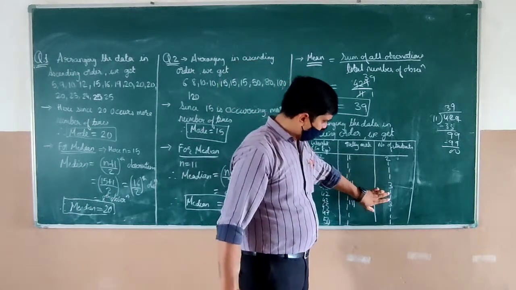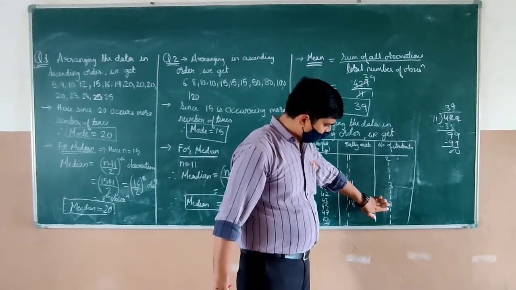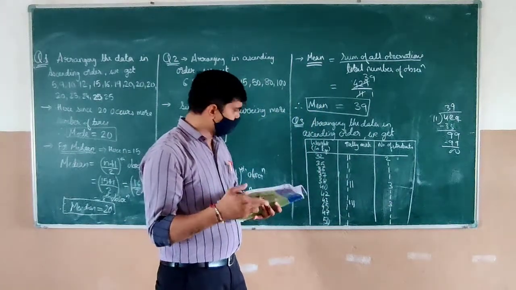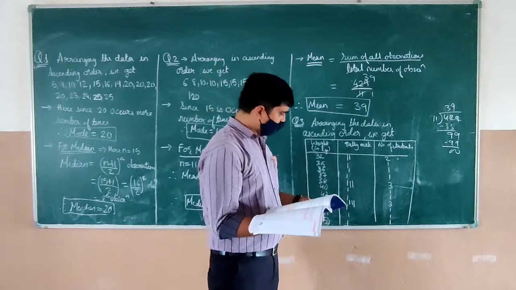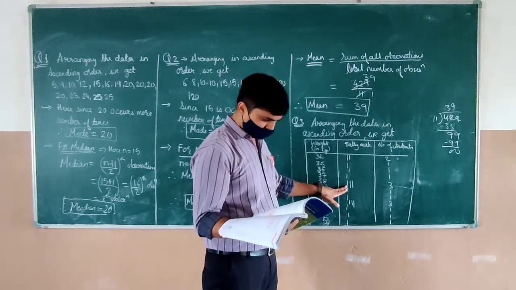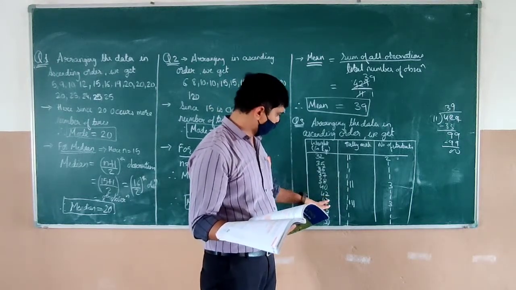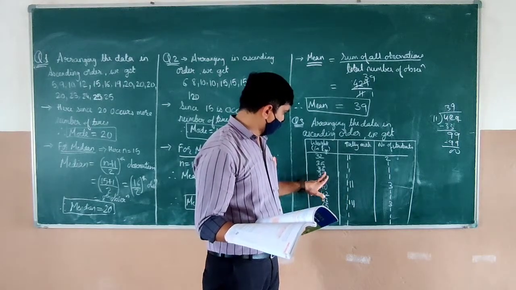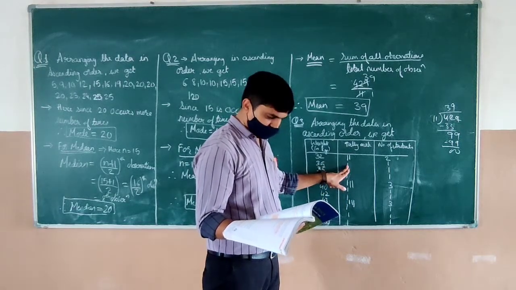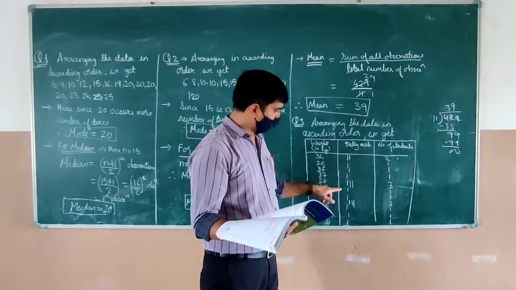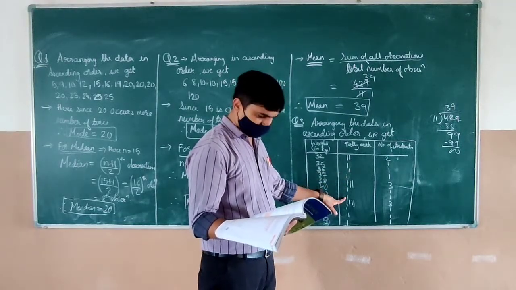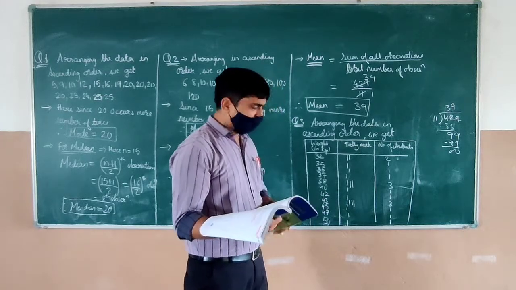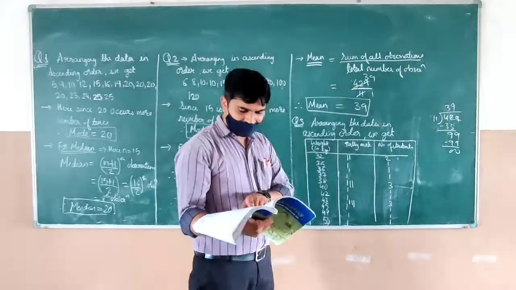Let us calculate again. 32 is how many times?